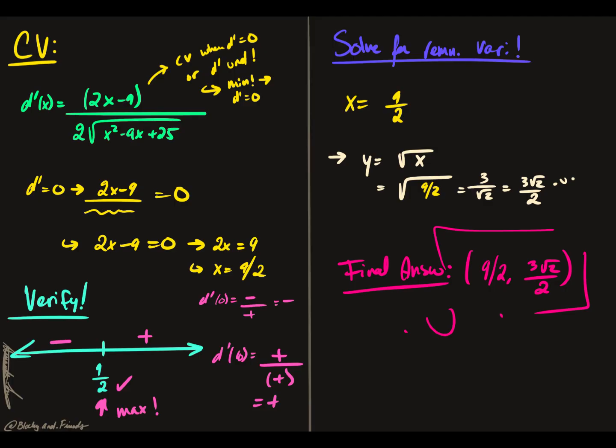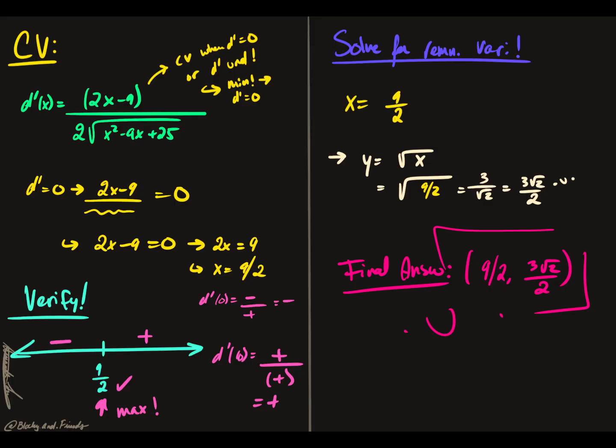Okay. So now what we have to do is solve for remaining variables. So we know x is equal to 9 halves. We know based off of the first page that y is equal to root x, which means, plug it in, equal to root of 9 over 2, which is equal to 3 over root 2, which can also be written as 3 root 2 over 2.